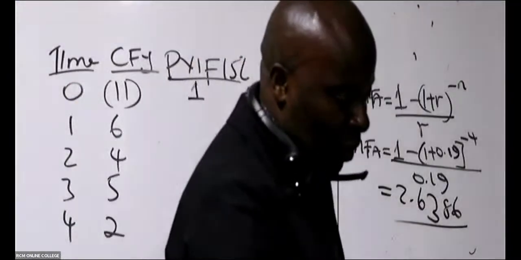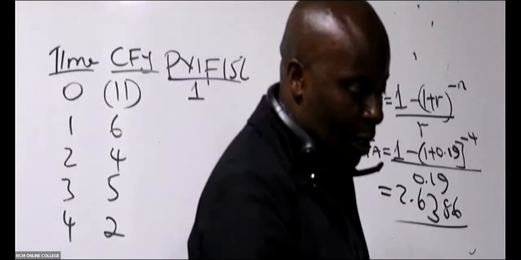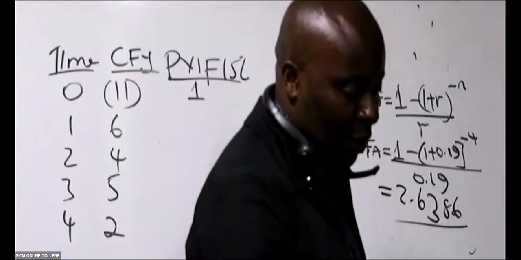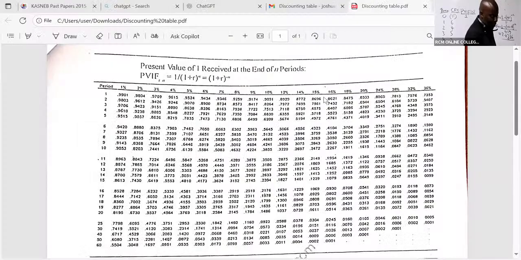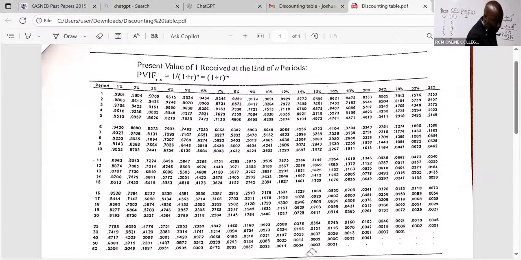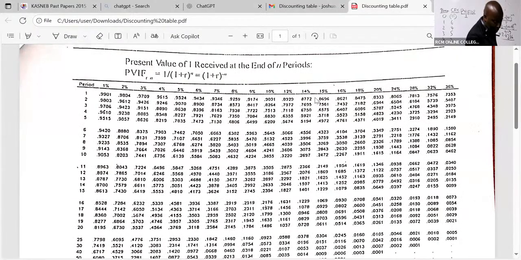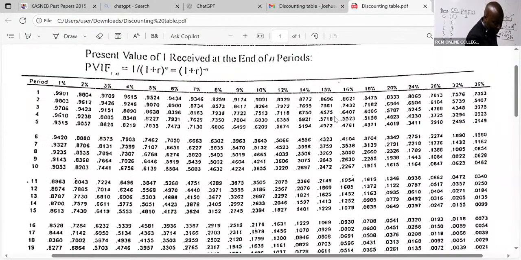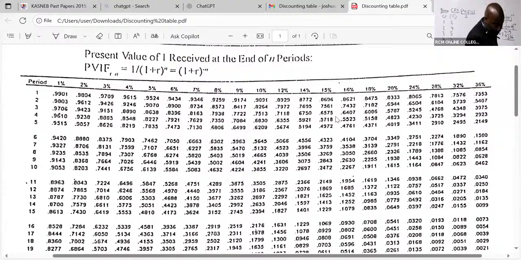Yes, it is here, ladies and gentlemen. I can see 15% very clearly, at 3 decimal places: 0.870, 0.756.